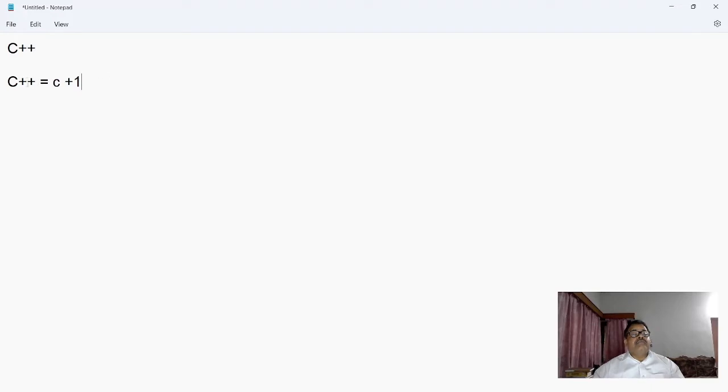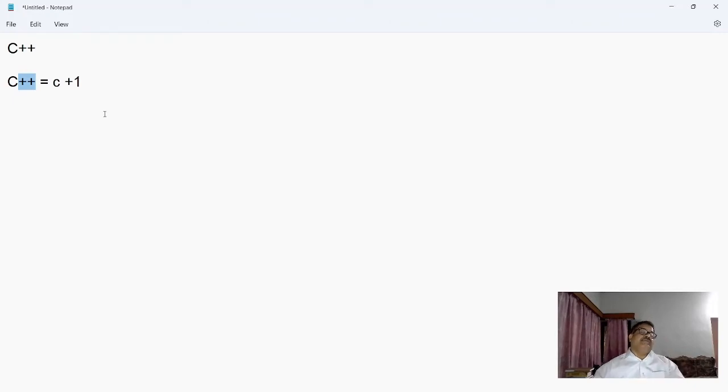Because this plus plus is 100% increment operator. What it indicates? That inside C++, we are going to get all the facilities of C plus 1. It means there must be some increment in that concept.